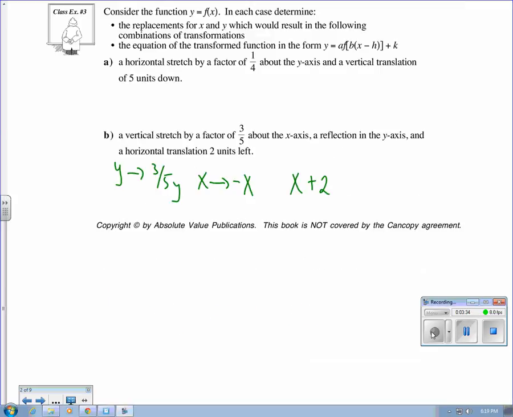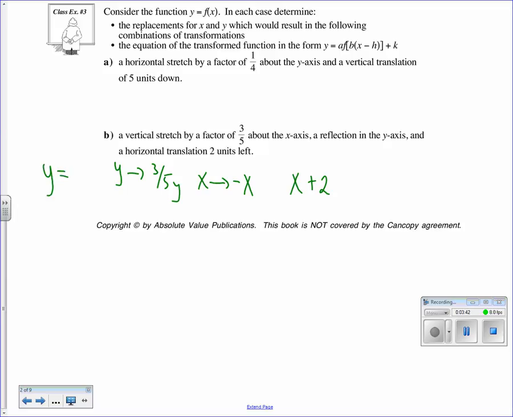So now I've got to get it into that standard format. So if my original equation was y equals f of x, my new equation is going to be defined by this: 3/5 y on f at -x with a +2 on it.